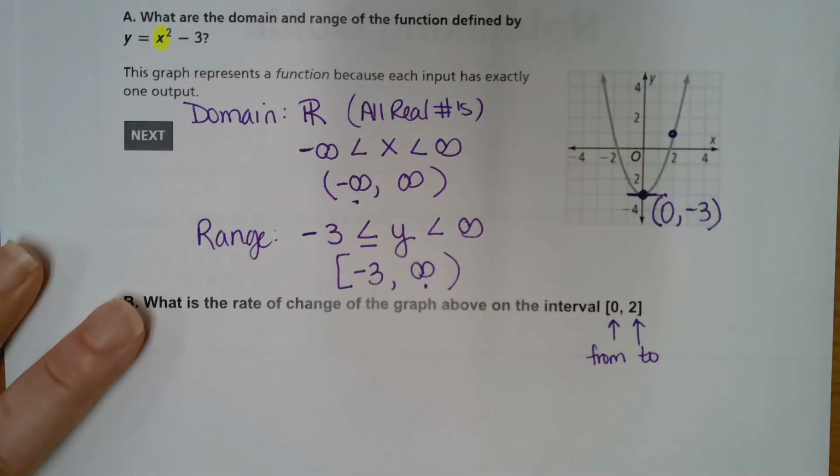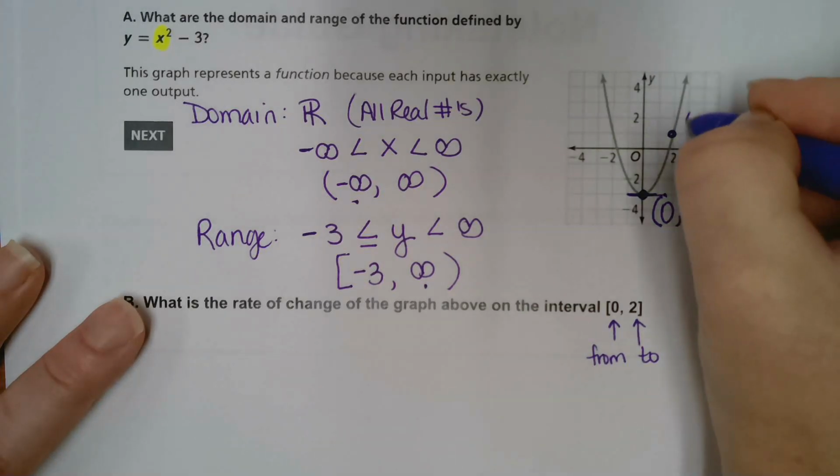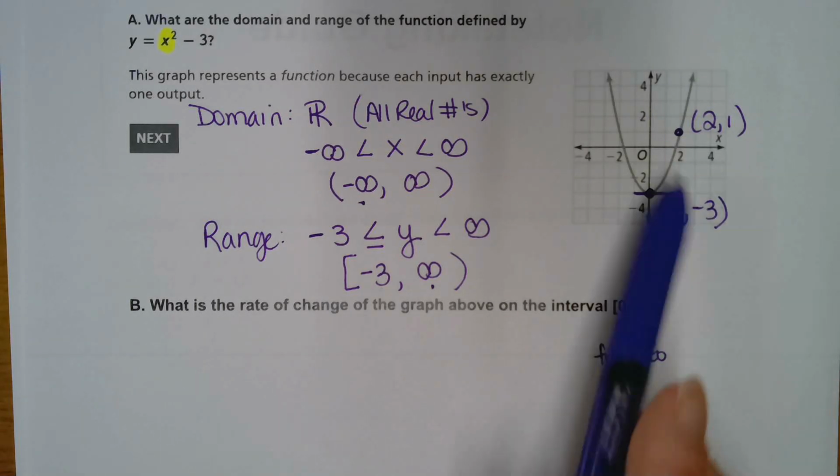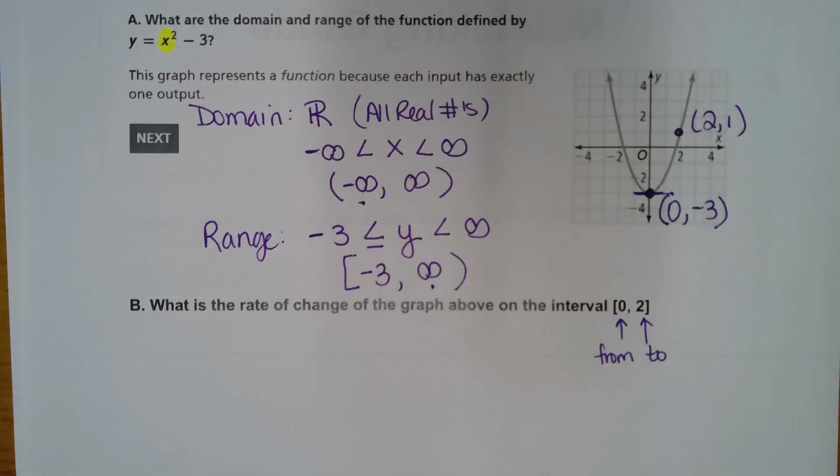What are the coordinates of that point? 2, 1. Do you see how on each point I have an x and a y? All right, would you go ahead and plug that into the slope formula and see if you can find the slope?